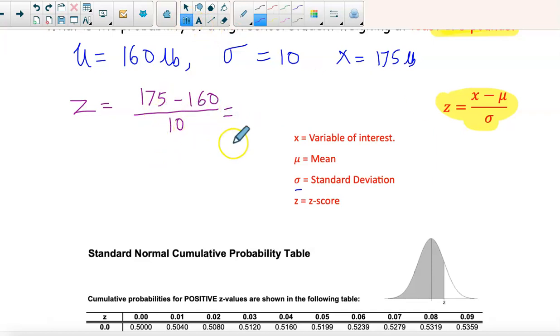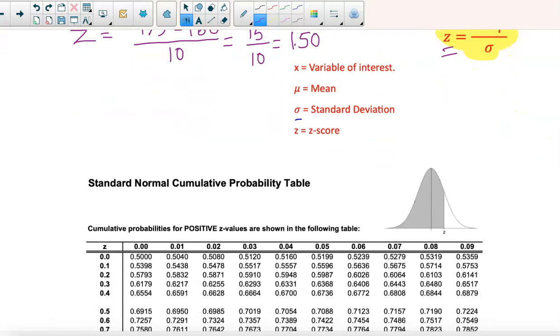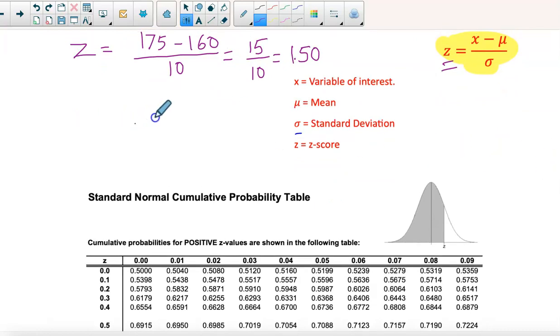It's very easy, right? I don't need a calculator right now. 175 minus 160, that is 15, divided by 10. 15 divided by 10 is 1.5 in decimal form. Usually we round this z-score to 2 decimals. In this case we have only 1.5, so you can even write 1.50. Right, so that is the value of z.